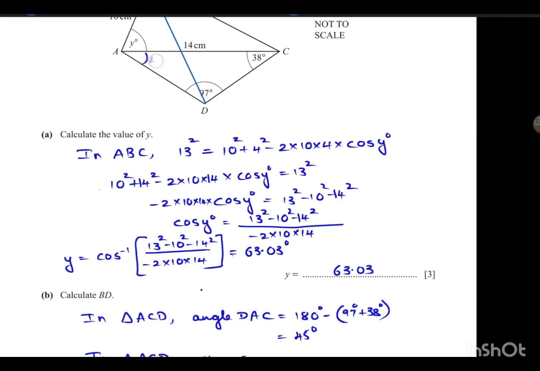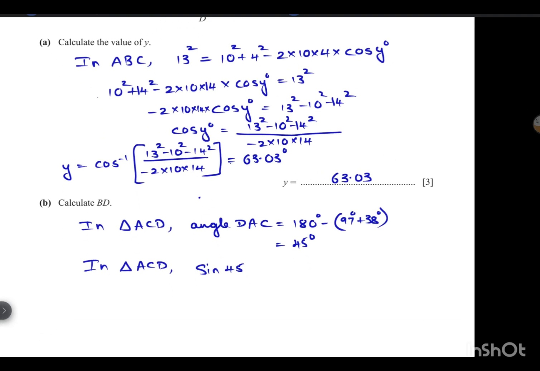This is 45. We know this side, that is 14. We have to take sine of 97 by 14 will be equal to sine of 38 by AD. Okay, not 45, sorry. Sine of 97 by 14 will be equal to sine of 38 by AD. Using this, find out AD.